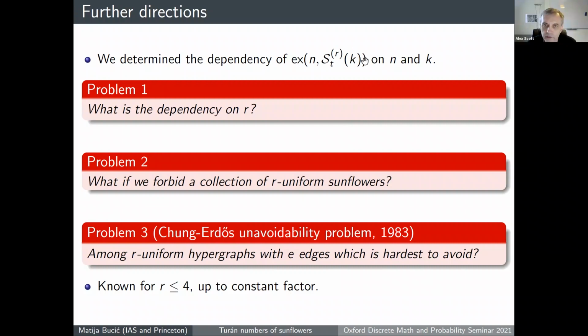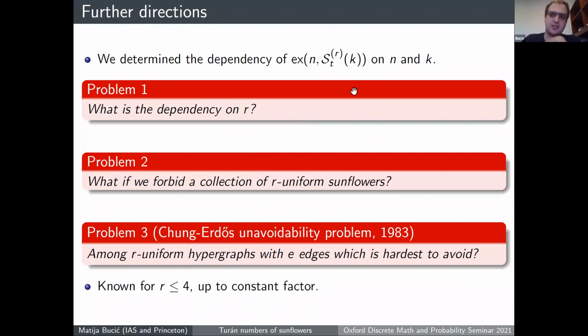If you assume the sunflower conjecture, does it help at all? If you assume the sunflower conjecture for this, not really. They are kind of a different problem. In the sunflower conjecture, the dependency on K is fairly trivial.